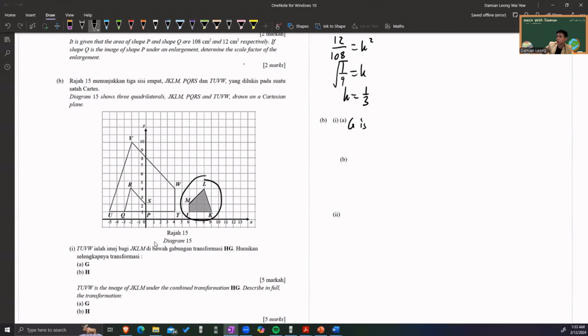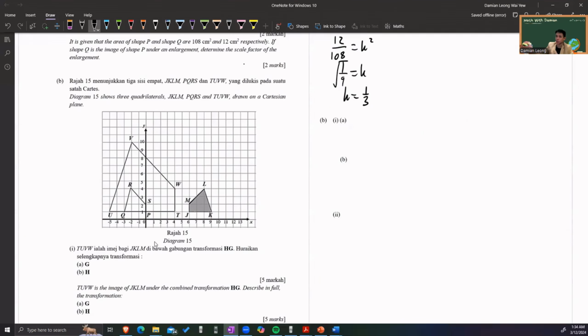G is changing size, that means it's an enlargement. TUVW is the image, my bad. So this is the object, and it becomes PQRS first. Look at the orientation.